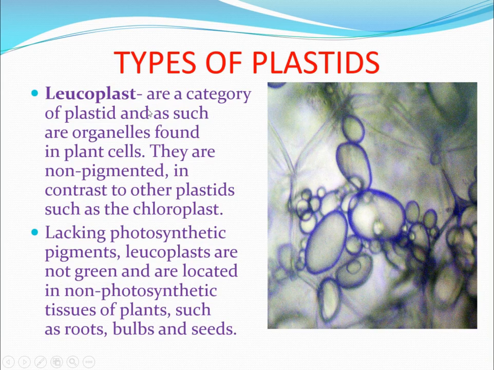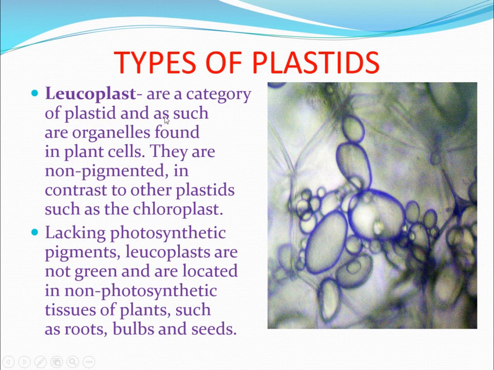So it is the leucoplast. Leucoplasts are a category of plastid, and as such are organelles found in plant cells. They are non-pigmented, in contrast to other plastids such as the chloroplast.